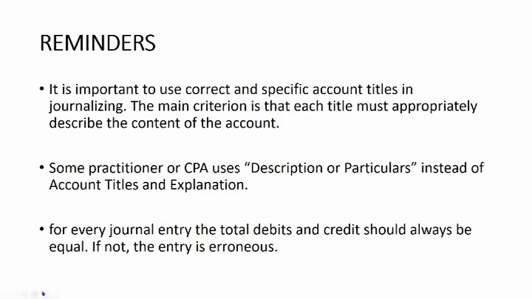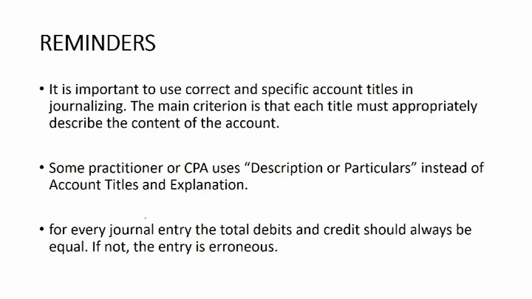So, for you to be able to track the progress of the business and give the correct and proper information to those interested users of accounting information, you should use the proper and correct account title.